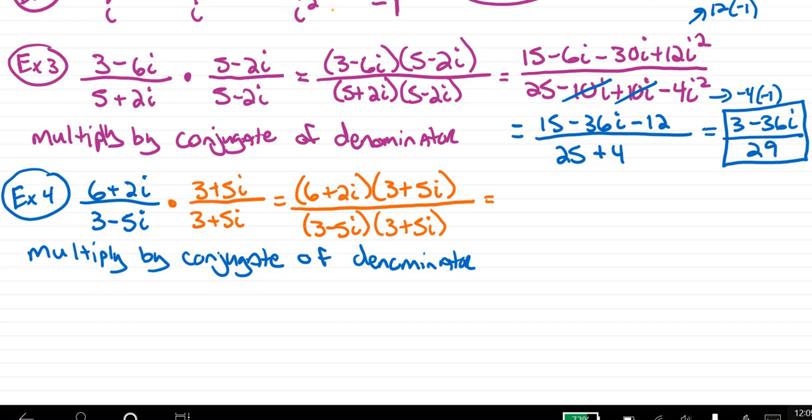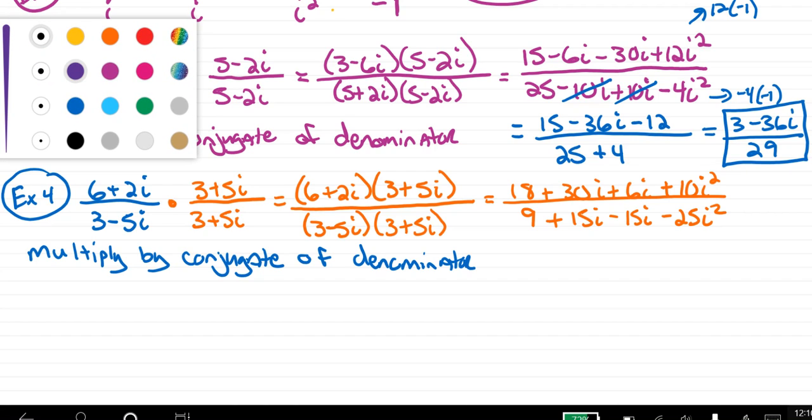I go ahead and multiply this all out. At the top, I'll end up with 18 plus 30i plus 6i plus 10i squared. Denominator, I'll have 9 plus 15i minus 15i minus 25i squared.